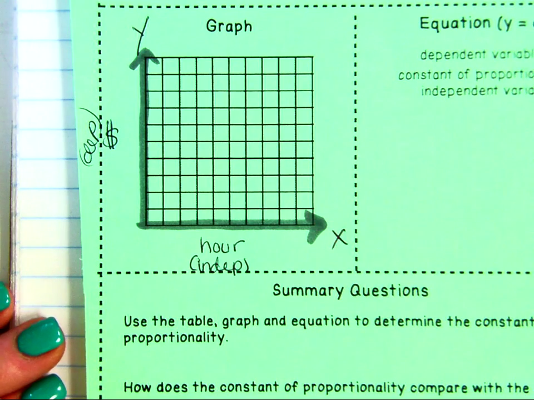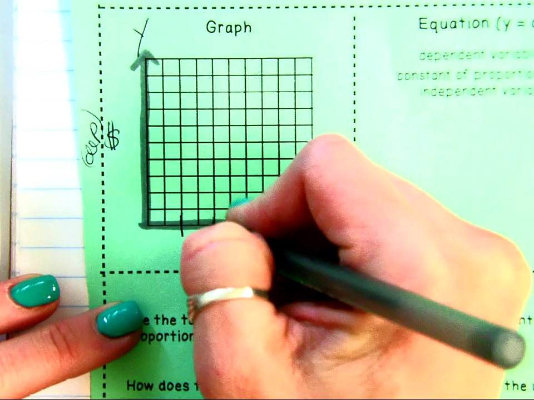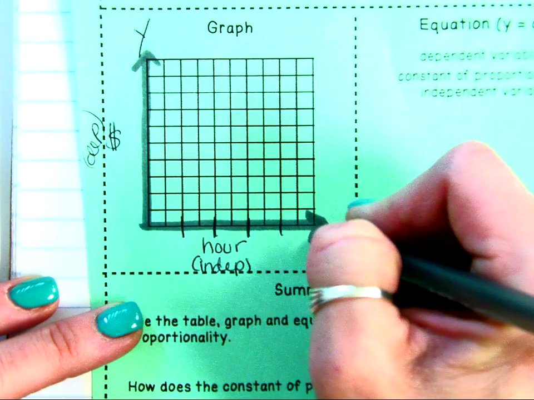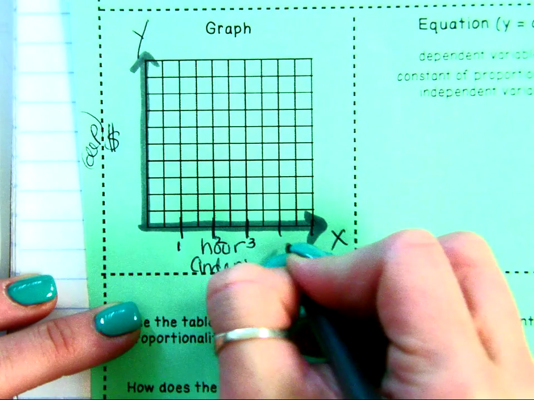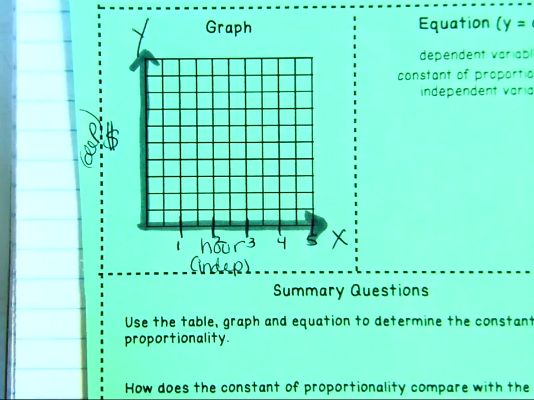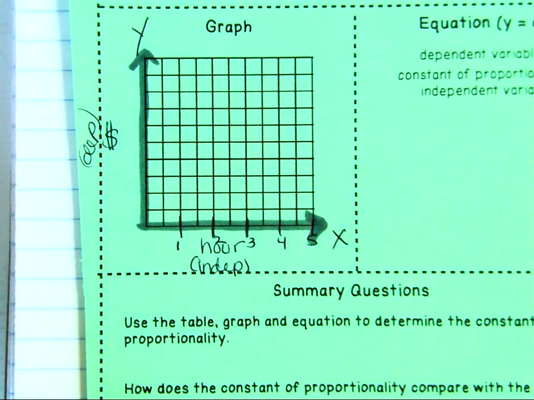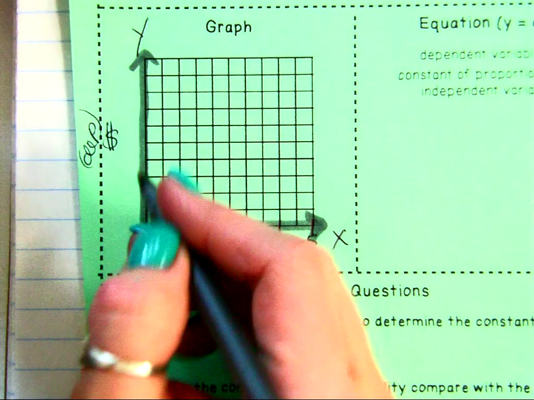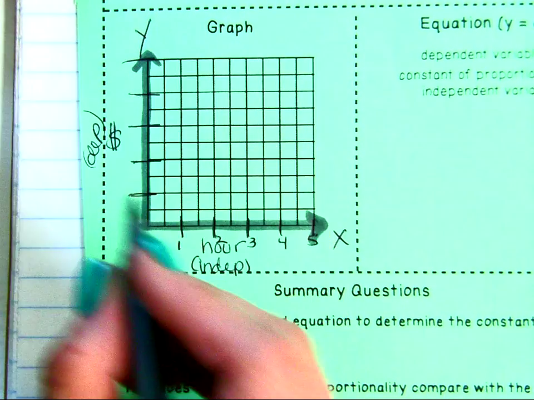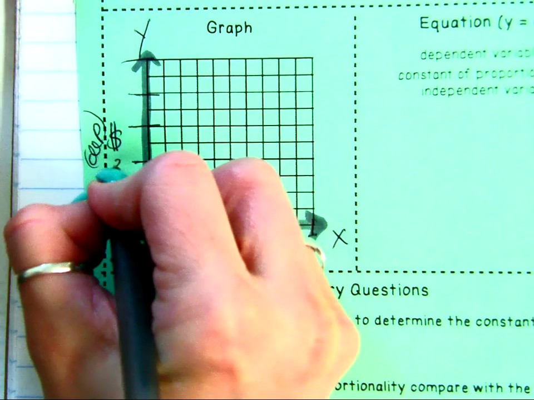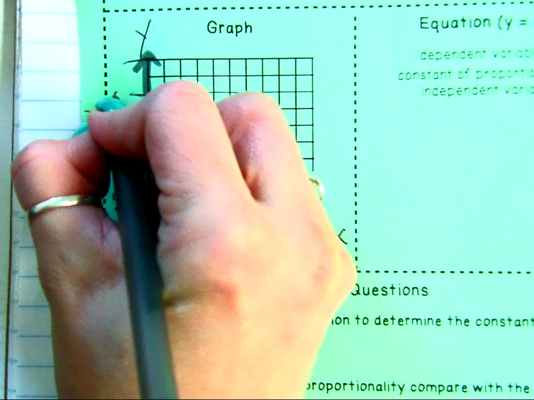And I like to spread my graph out because I don't like it when it's all cramped up. I'm going to skip 1. That's 2. I'm going to make that 3. I'm going to make that 4. And that's going to be 5. And I'm also going to go by 10s here. I'm going to make this 10, this $20, this 30, this 40, and this 50.